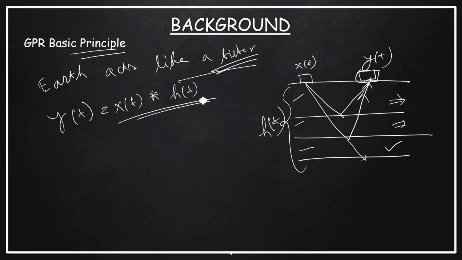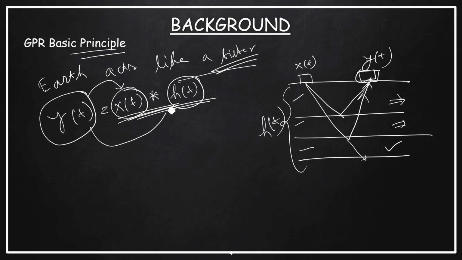This is a very simple equation. Whatever output you are receiving is the product of the pulses you are sending and the filter properties. So it highly depends on the pulses you are sending and the filter properties. That will be received at the receiver end.